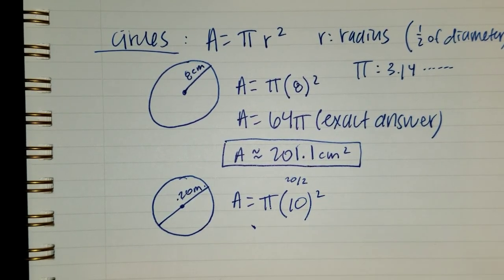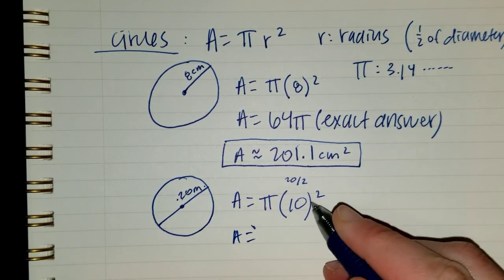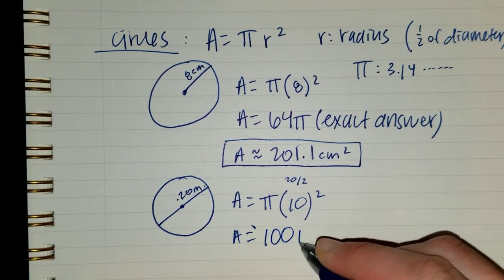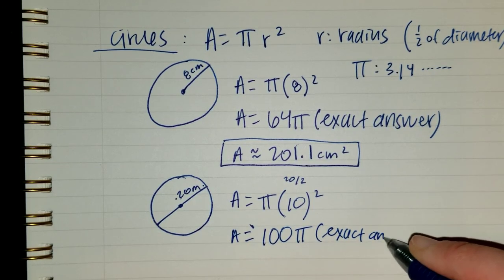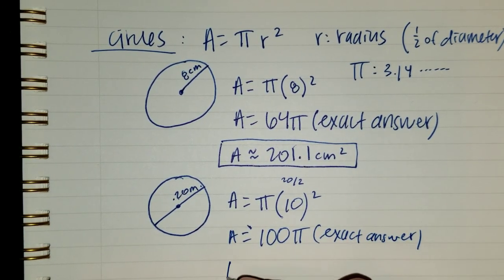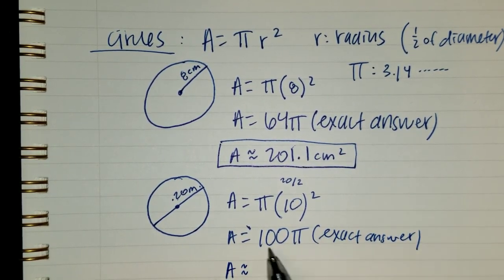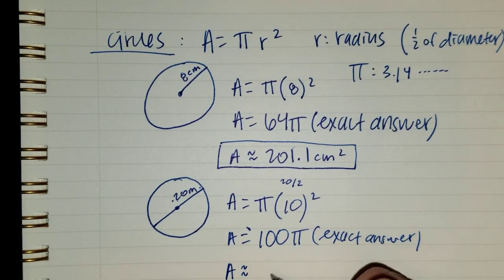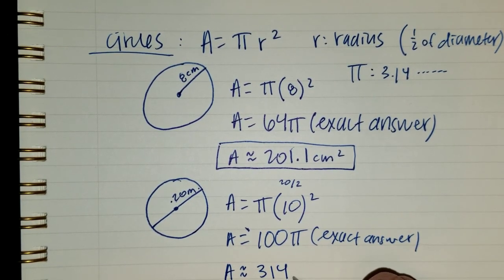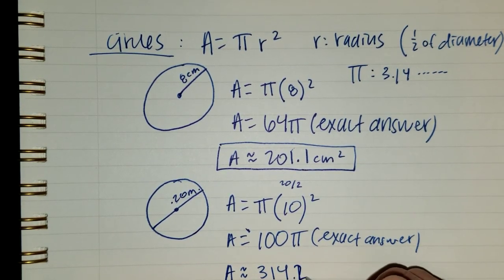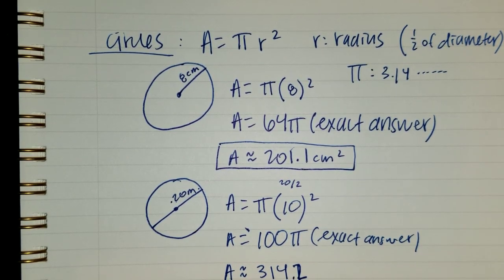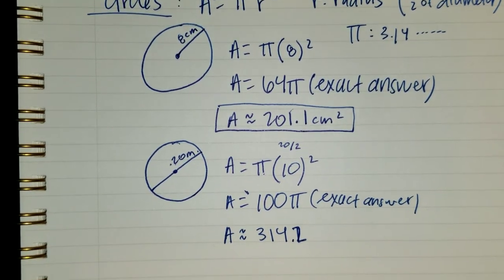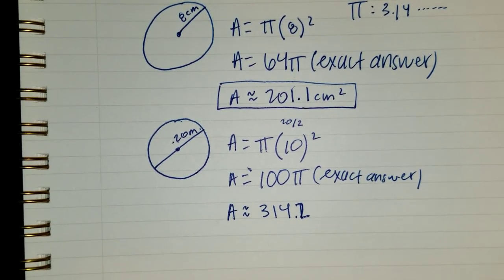Again, it's the same process. 10 squared is 100, so we have 100 pi. That's our exact answer. Or plug it in your calculator. 100 times pi is going to give you 314.1. Actually 314.2 because it rounds.